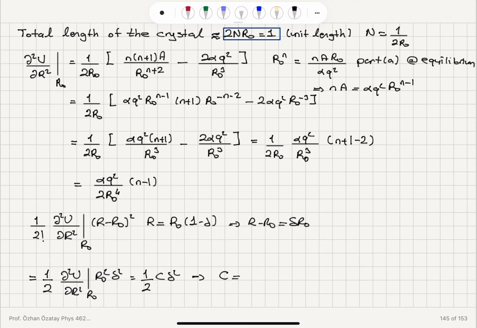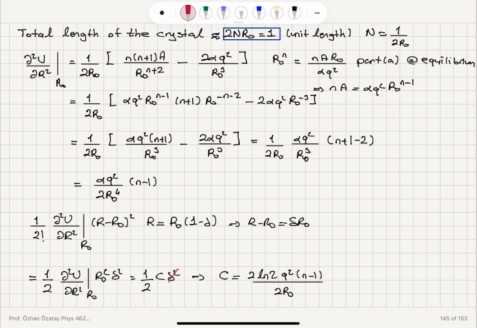Now, what is the second derivative evaluated at r0? It is alpha, where alpha is 2 log 2 q square n minus 1 divided by 2 r0 to the fourth power.